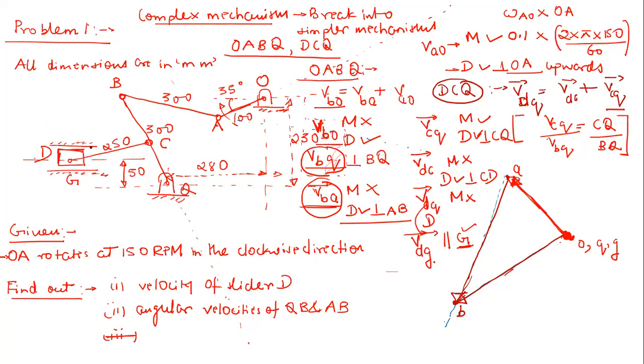But due to the constraint of the slider, it is going to move just parallel to this point G. Anything you want to ask?